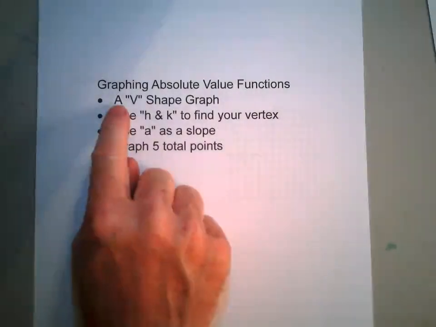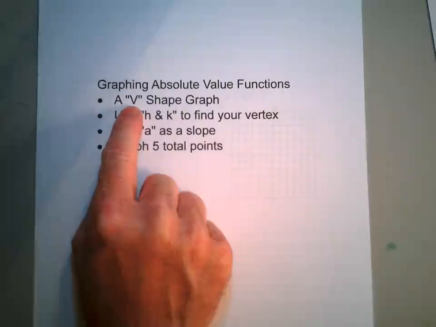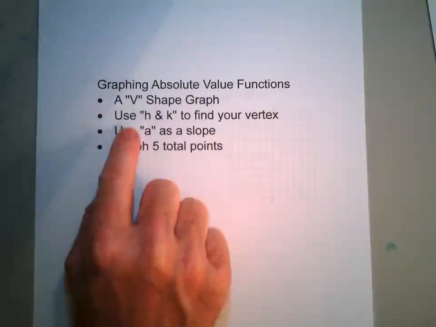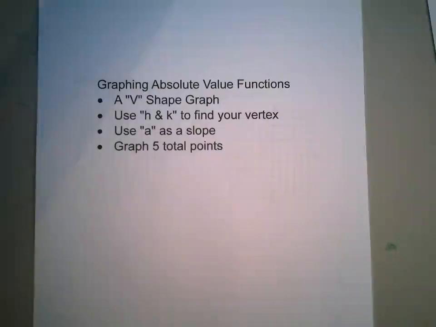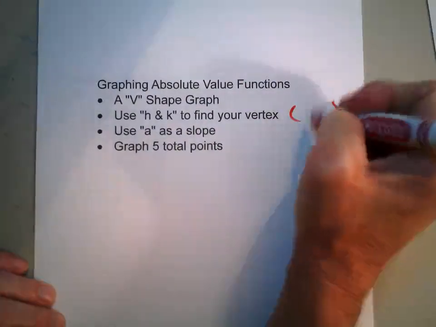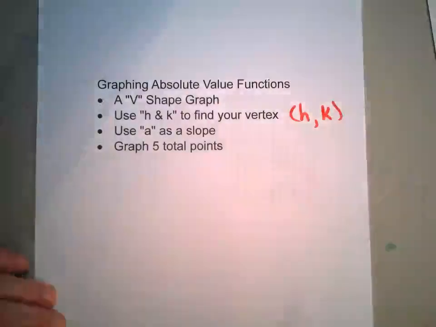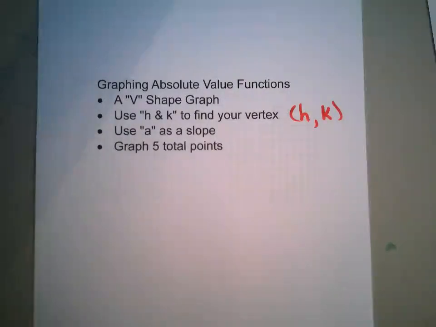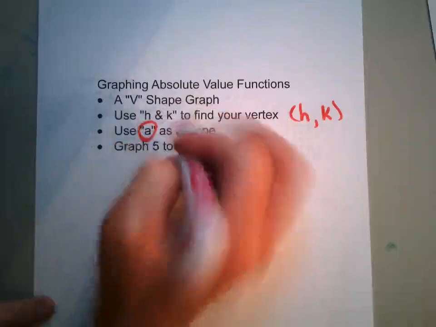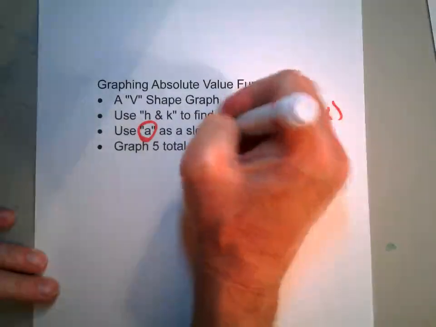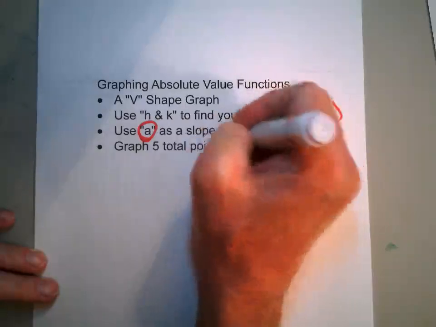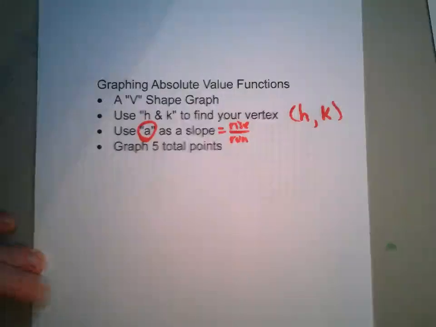As I mentioned a minute ago, your graph is going to be in a V shape. We're going to use h and k to find a vertex. So we'll have a starting point at (h, k), and then we'll move based on a. A is going to act as a slope. And so if you remember, slope is rise over run. Okay?